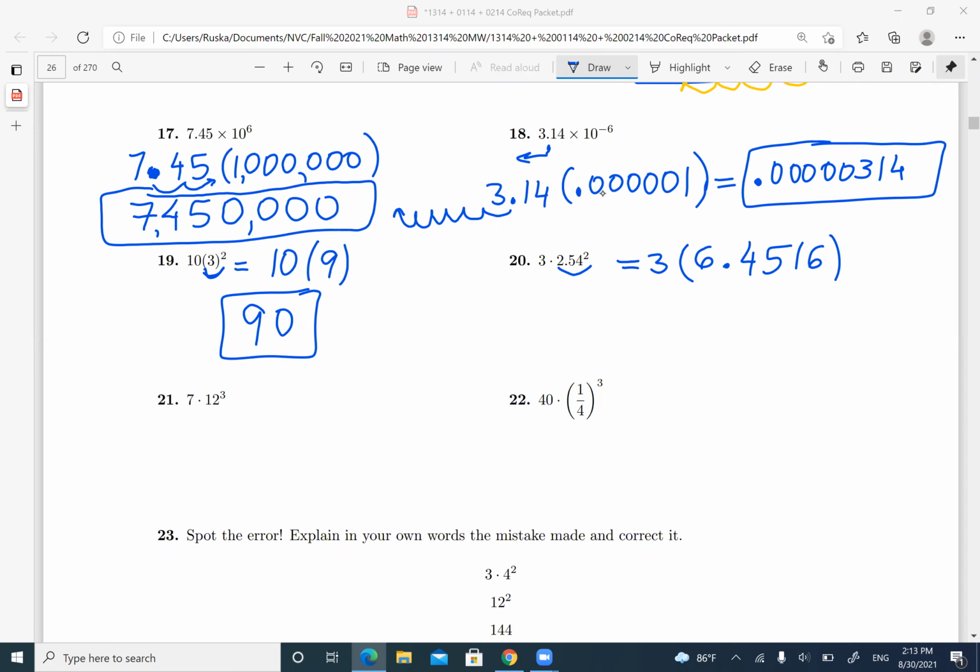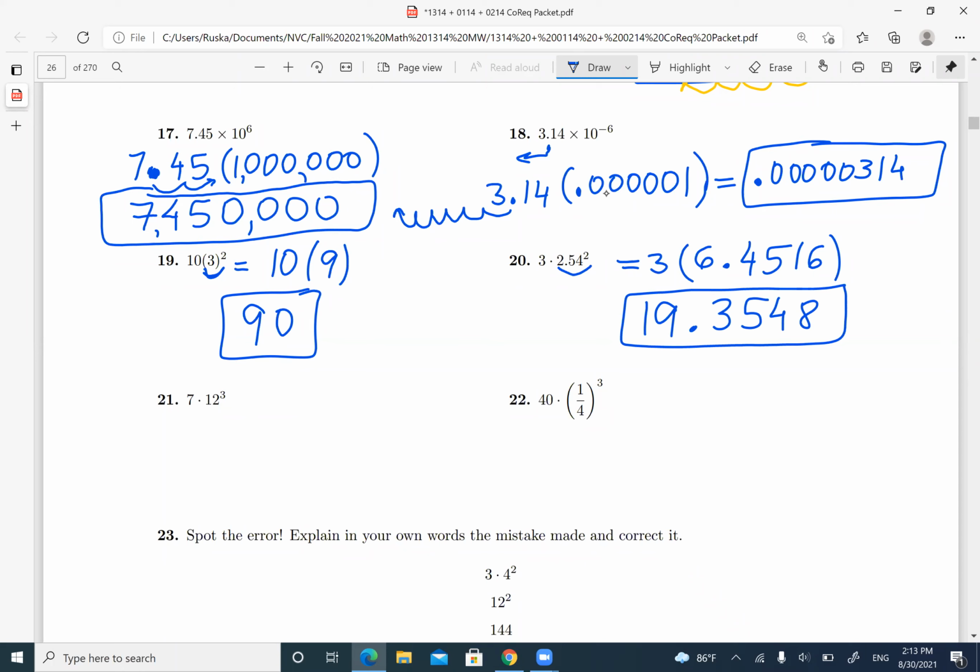That's right, I got the same, good job, thank you. And then when I multiply by 3, it's going to be 19.3548. Okay, so here we needed a calculator to multiply 2.54 and 2.54.